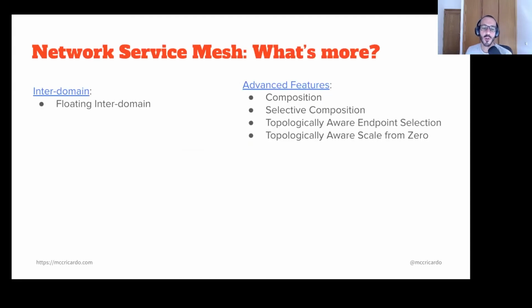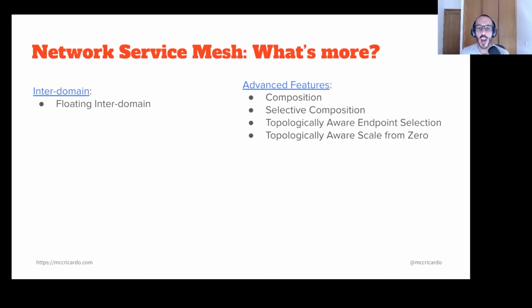Before we go, just a few more things. This talk explores what issues network service mesh addresses and its key concepts, but there is a lot more that you can explore. You can take a look, for example, at interdomain, where a client may request a network service from any network service registry domain independent of where it's running.